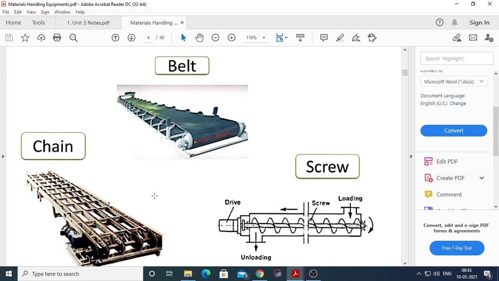Bulk load consists of a large number of homogeneous particles, or we can say a lump sum of any material. Examples are sand, stone, clay, cement, coal, different types of minerals. This type of load we can convey with the help of a belt conveyor.